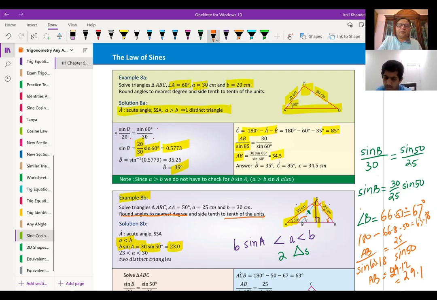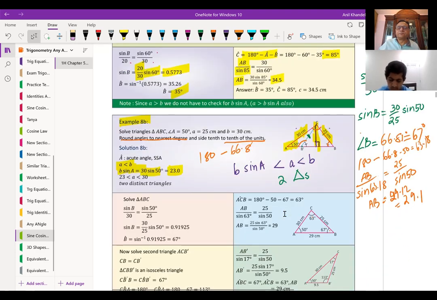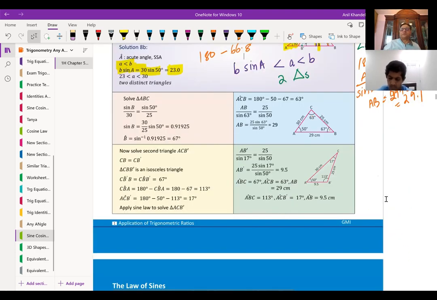The other angle will be 180 minus 66.81, because this is an isosceles triangle. So the exterior angle will be 180 minus 66.8. So that is the other triangle, and we are now solving for the second triangle, as shown in this figure.